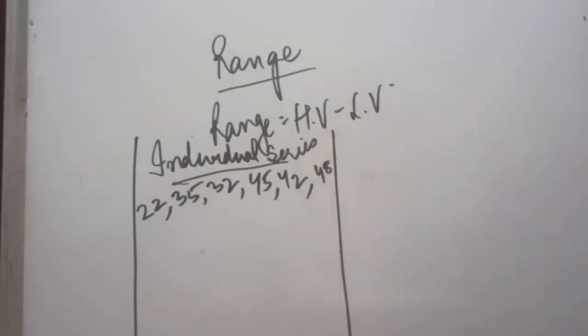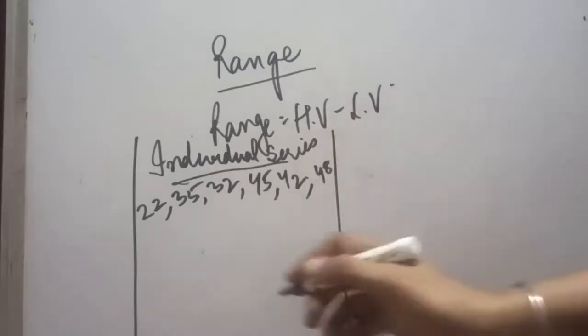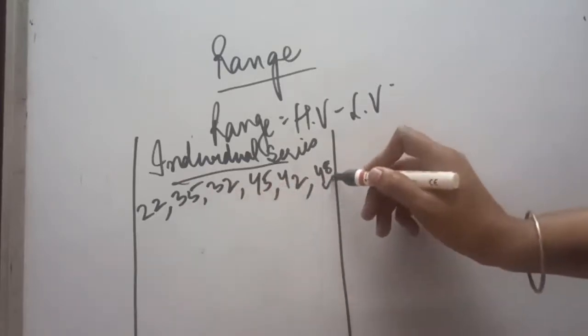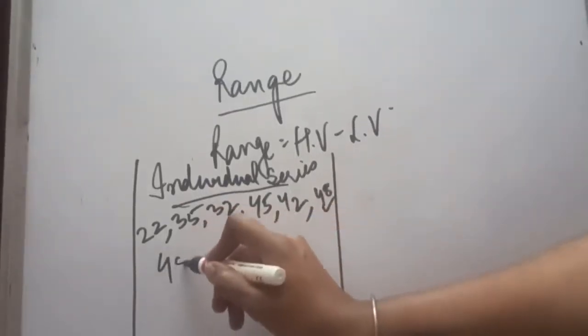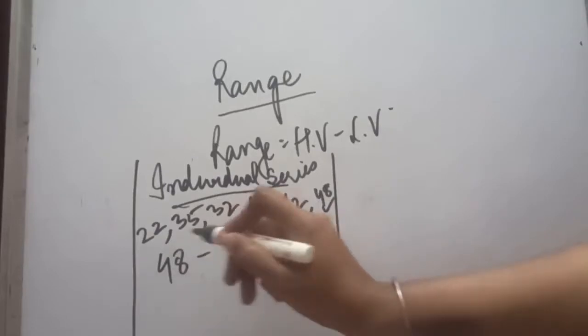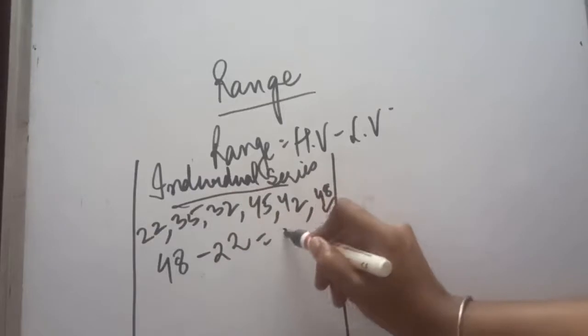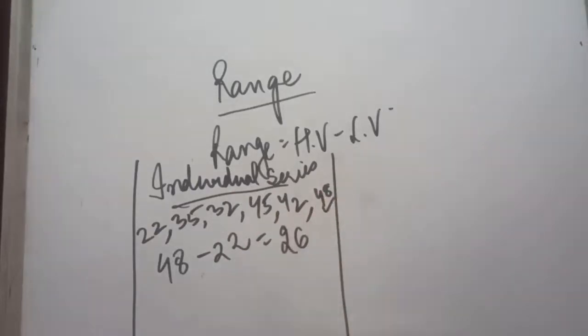You have been told to calculate the range. The highest value is 48 and the lowest value is 22. So the range is 26.